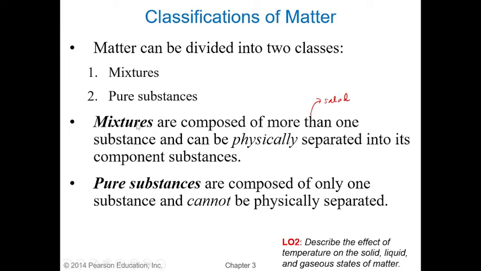So you cannot do a physical separation here. In a mixture, you can physically separate it into the component substances, but sometimes your pure substances can be separated through chemical means. So if it cannot be physically separated, you may use chemical separation methods for a particular type of pure substance.